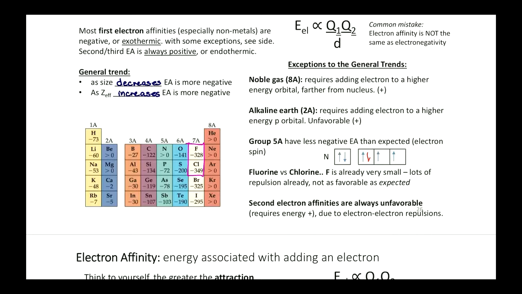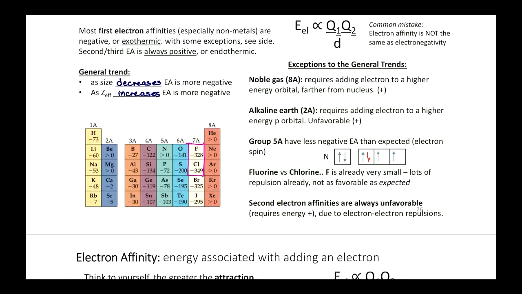So when you're putting those many electrons in a small space, there's a little bit of repulsion. And so that's why it's actually just less favorable than predicted for fluorine when you add that electron. Versus chlorine is bigger and can actually accommodate all those added electrons. So it's actually a little bit more favorable for chlorine. So that's a small detail.